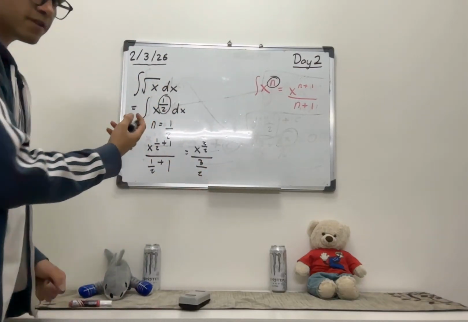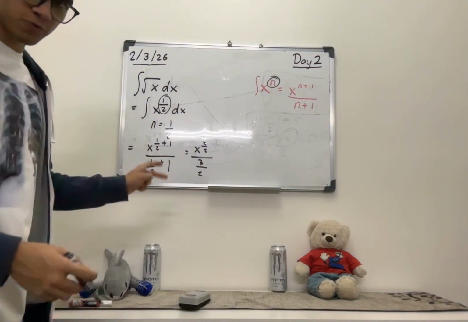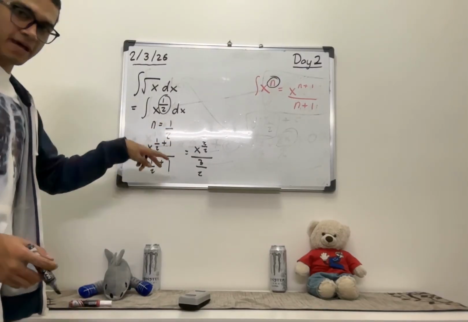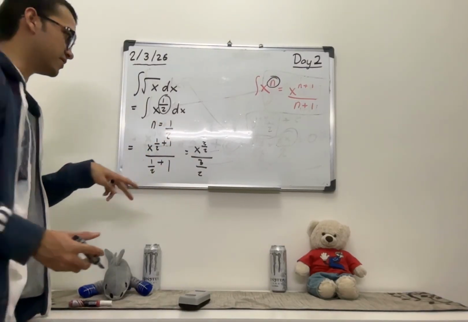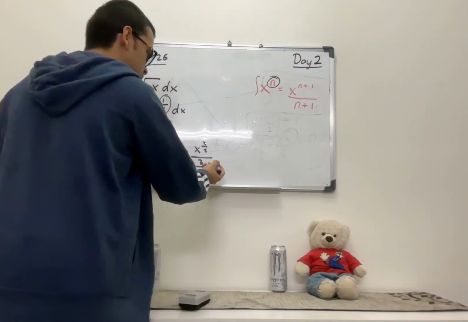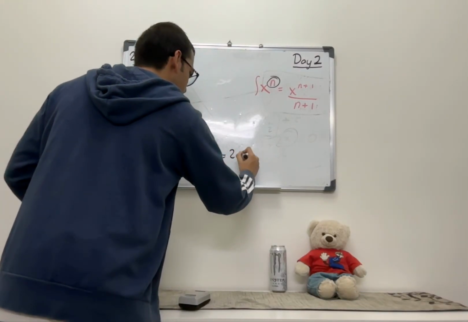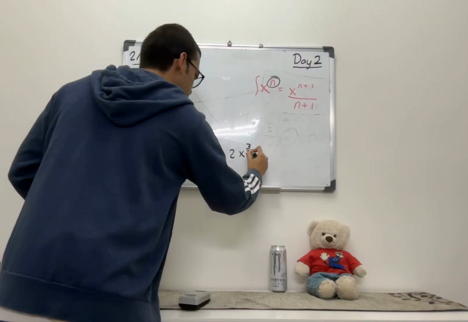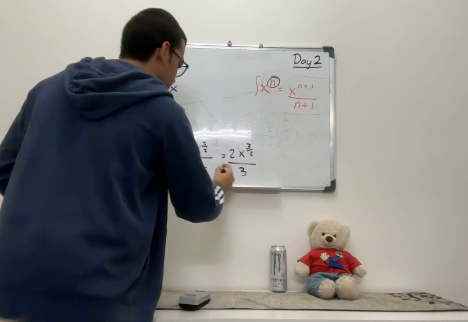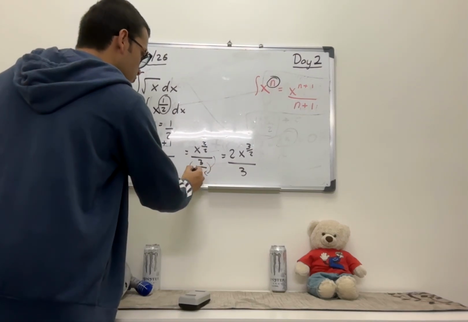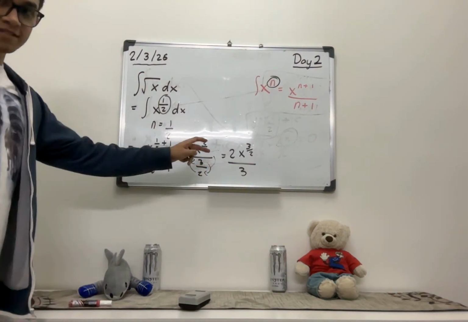Now you can leave the answer in this way, but this is missing two things. Firstly, it's a fraction in a fraction. So it's best to simplify this when you're going to write your answer. So if you assume this as a fraction, you would get 2x to the power 3 by 2 by 3. Because you take the fraction up and then it switches. 3 goes down, 2 goes up. Okay, so this is our final answer.